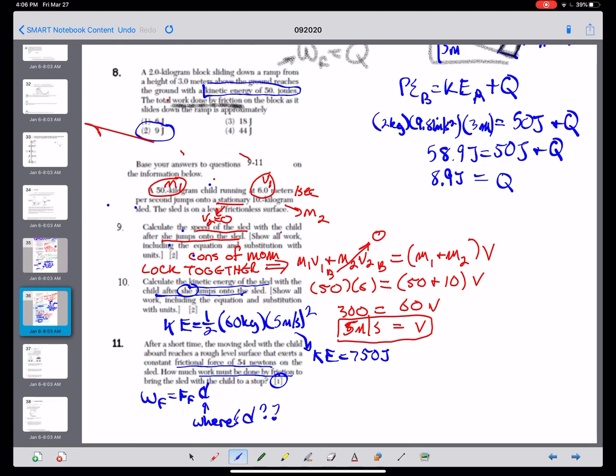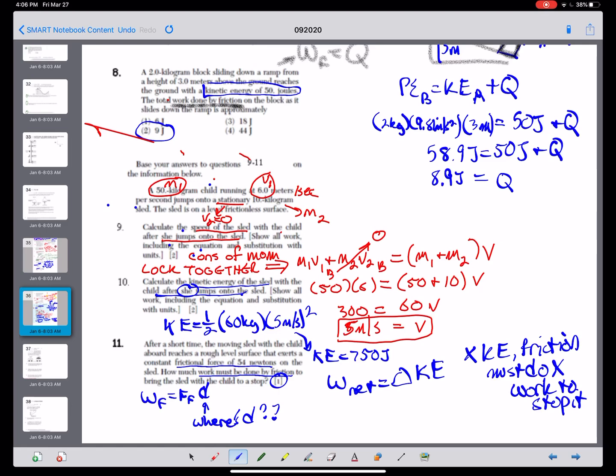It's actually very simple. If you remember, we told something a long time ago, or you could do it from here. We're starting off with KE, right? And we did an equation a couple of weeks ago. We said work net was equal to the change in KE. Or you can think of it this way: if you have X KE, friction must do X work to stop it.